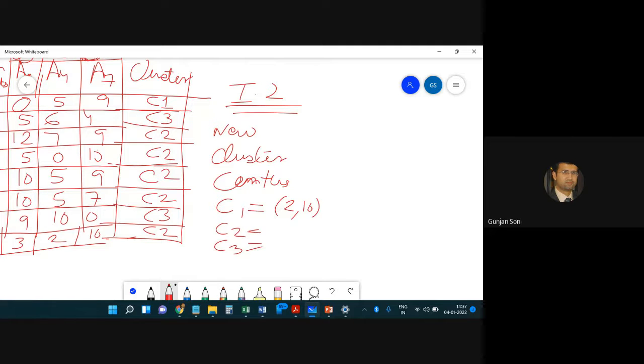C2 has 5 points: A3, A4, A5, A6, and A8. So for cluster 2, what we do is find the average.